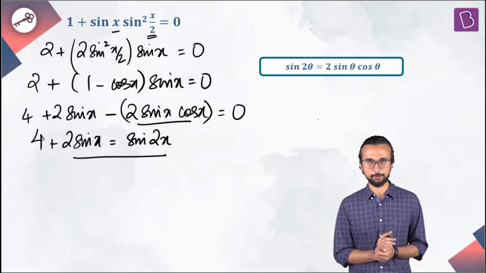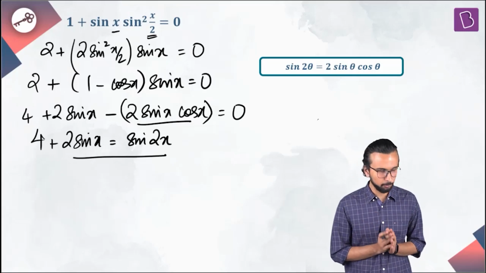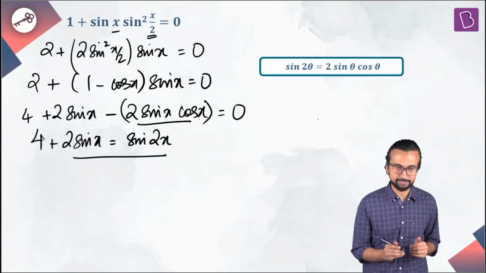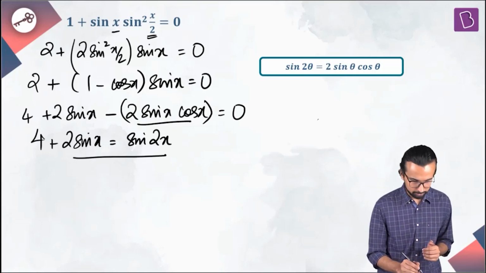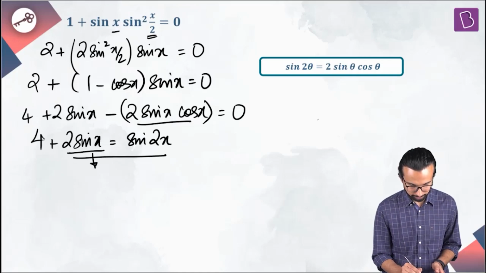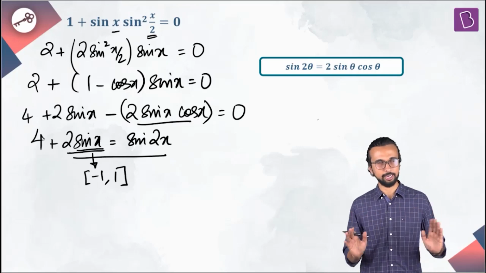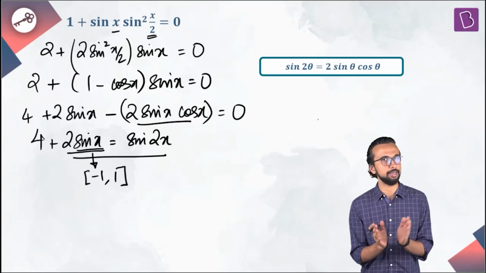Now again look at our LHS and our RHS. What do we have here? In the LHS, I have 4 plus 2 sin x. But let's look at the sin x part. The sin of any value of x will be between minus 1 and 1.